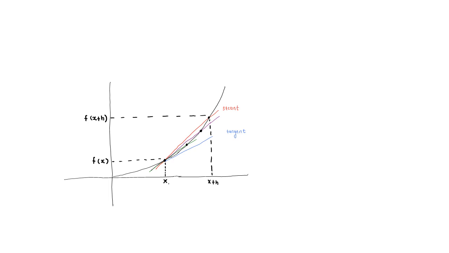However, you can then choose secant lines getting closer and closer to your point of interest, which is x. Obviously you'll never be able to get exactly on x, but you can approximate that.